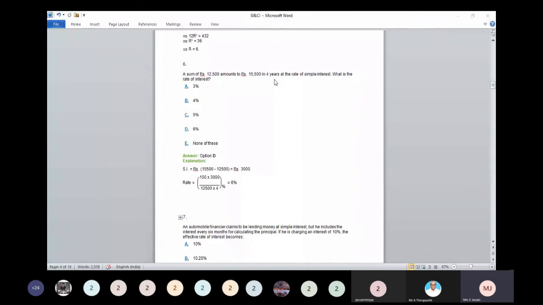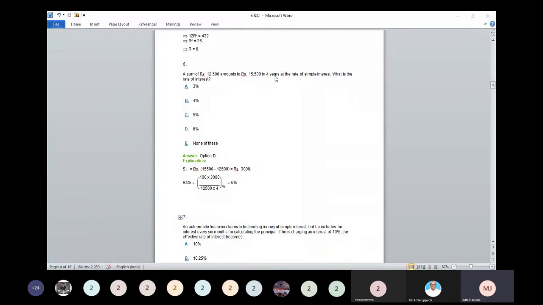What is the rate of interest? Here, the sum of rupees 12,500 amounts to 15,500 in 4 years at the rate of simple interest.